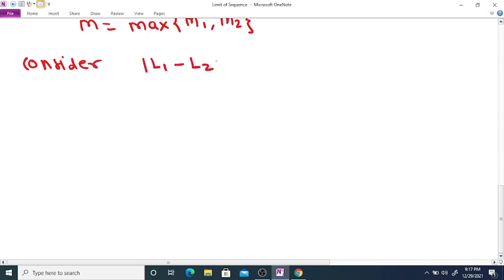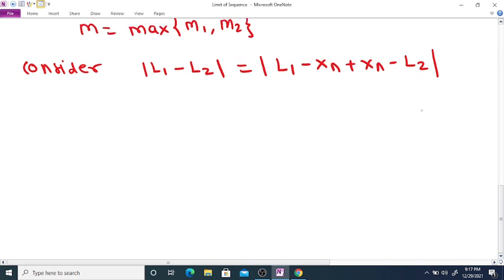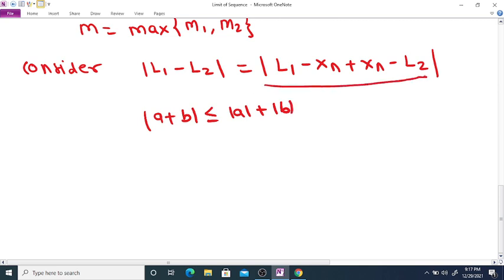Now consider mod of L1 minus L2, which we can write as mod of L1 minus x_n plus x_n minus L2. So we add and subtract x_n. By using the triangle inequality, we know that mod of a plus b is less than or equal to mod a plus mod b.